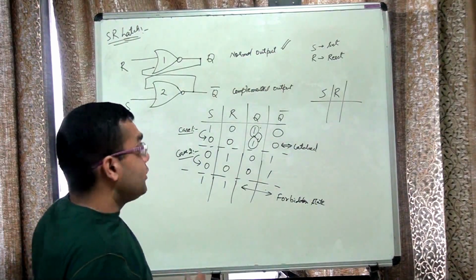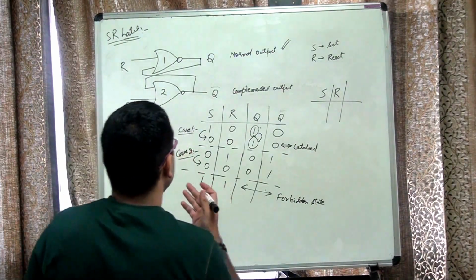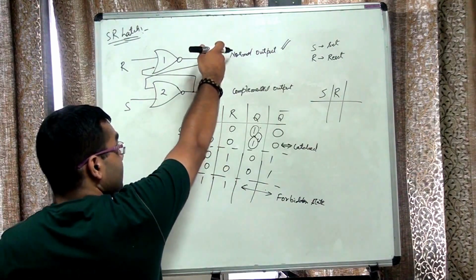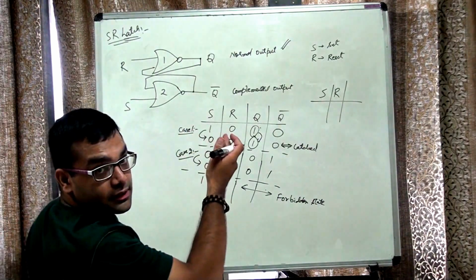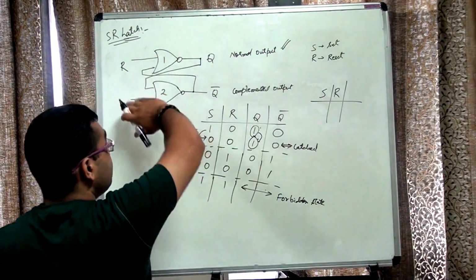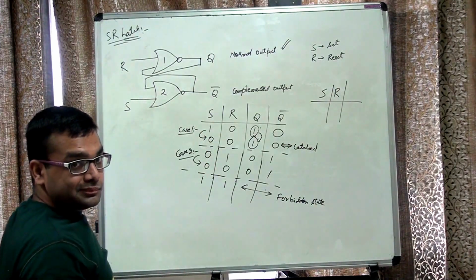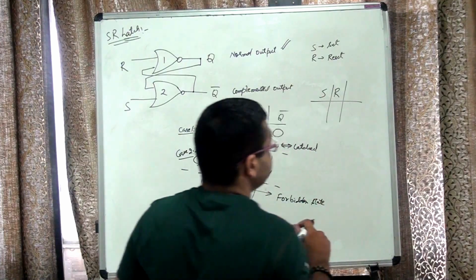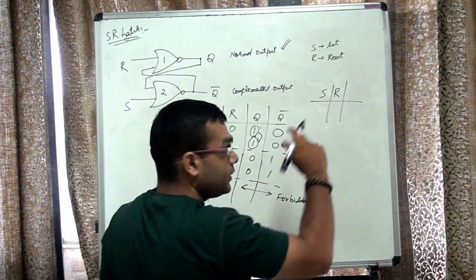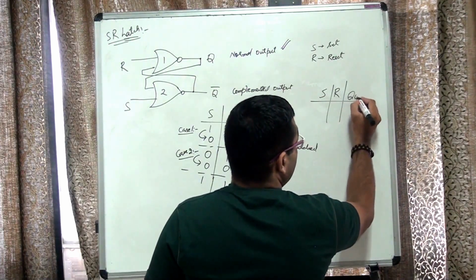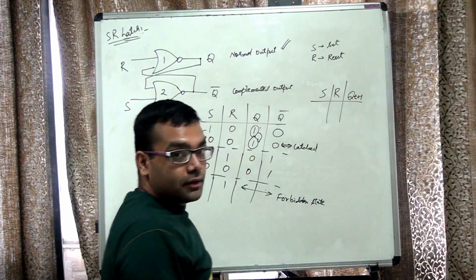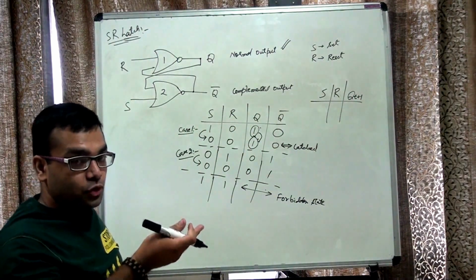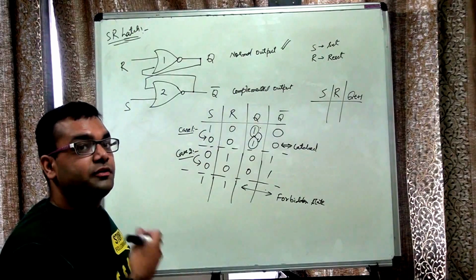You can see the same value when we look at the output of the gate. This becomes the next state, and at the input it is the present state. So what do I write in my truth table? Qt+1. Qt+1 stands for the value of the output in the next state.